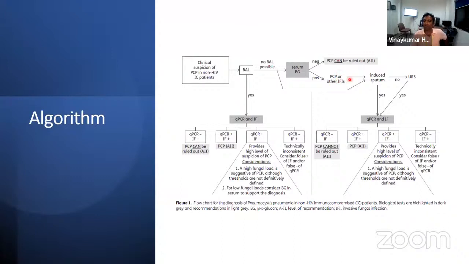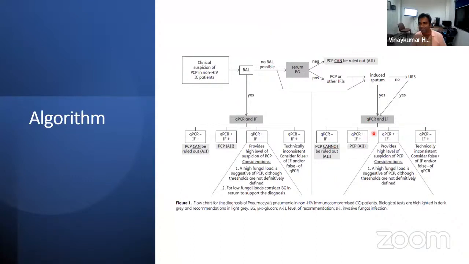In that group of patients, you do an induced sputum. If qPCR and IF are both positive, then it is Pneumocystis pneumonia. But if your PCR is negative and your immunofluorescence is negative, Pneumocystis can still not be ruled out.